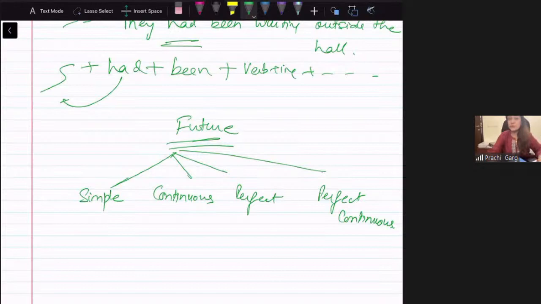Quickly tell me that. Prashant, your question is, in past perfect, do we use the third form or the second form? It is the third form. Okay. Anything else that you would like to know?